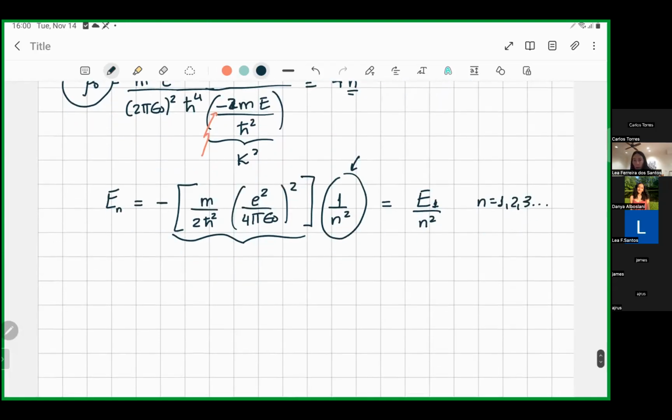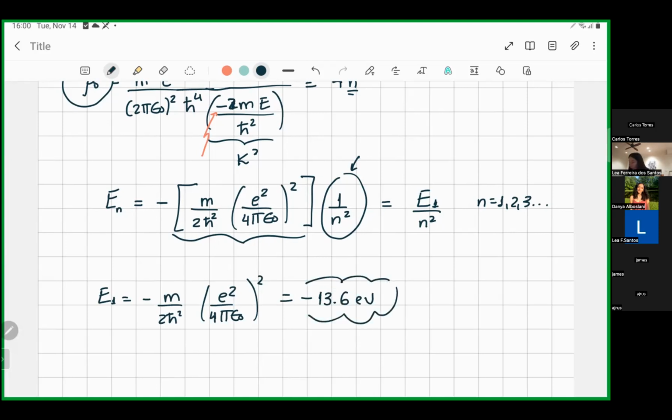So E1 is the energy for the ground state, is minus mass over 2 h bar squared, e squared over 4 pi epsilon 0, squared. And if you put all these numbers there, because you have mass of the electron, charge of the electron, and so on, you're going to get minus 13.6 eV.